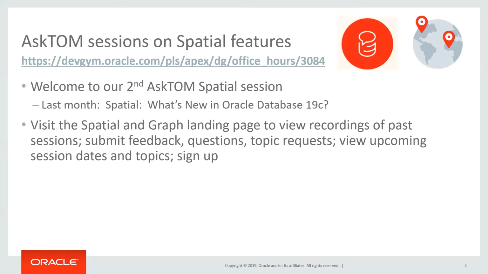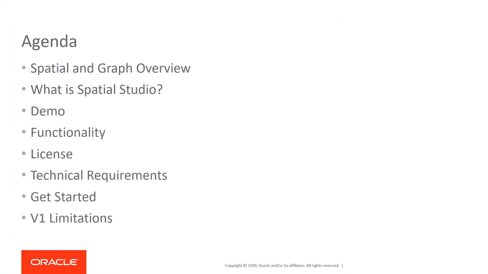Okay, thank you, Jean. So as Jean said, Carol Palmer, product manager for Spatial and Graph, along with David Lapp. We're going to be talking primarily about Spatial Studio today. Here's the agenda. What we thought we'd do, though, for those who may not be familiar with Spatial and Graph, is just give a couple slides on what Spatial and Graph is all about, then dive into Studio. The focus really of this hour will be on the demo, so David will be doing that.